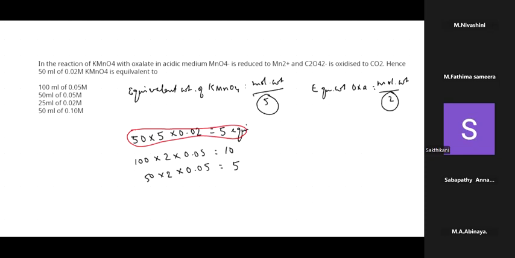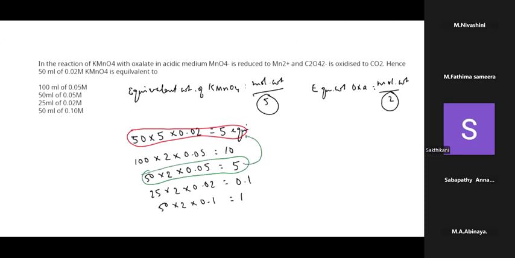Third one is 25 into 2 into 0.02, which will come out to be 0.1. And the fourth answer will be 50 into 2 multiplied by 0.1, which will come out to be 1. Therefore, the right answer is this. Here also it is 5 milliequivalents.